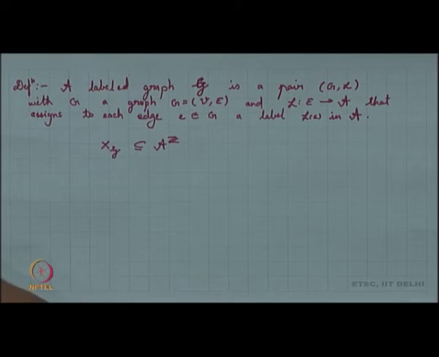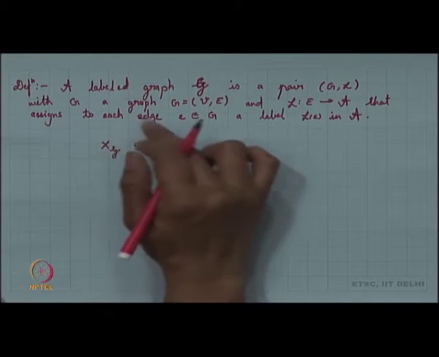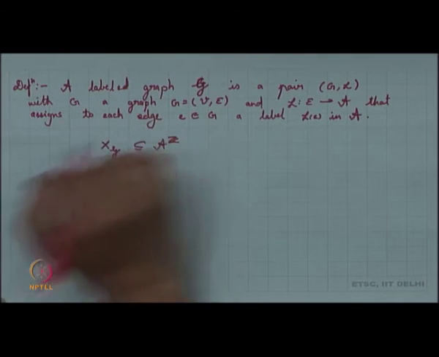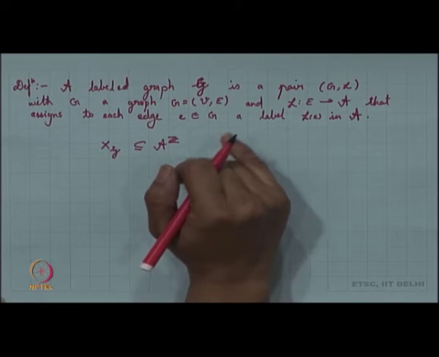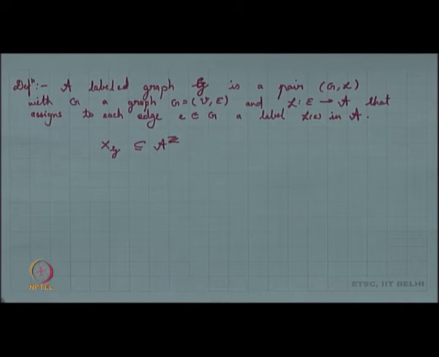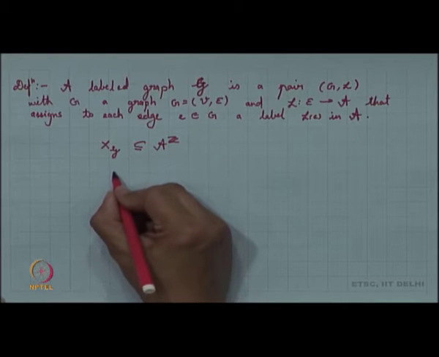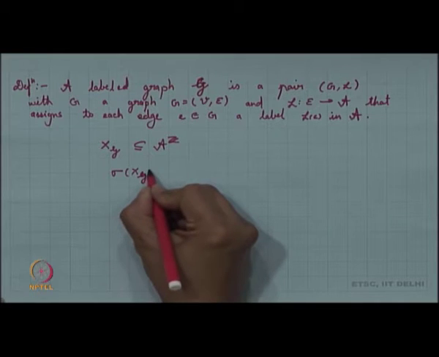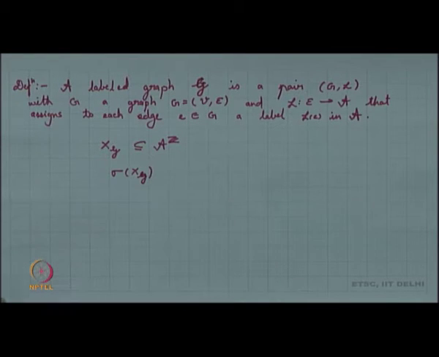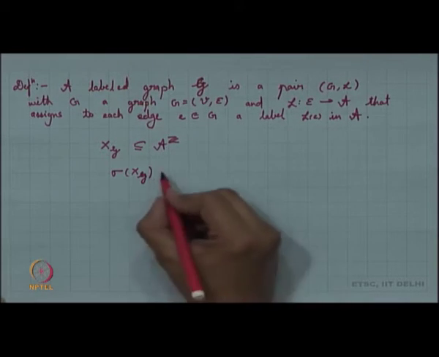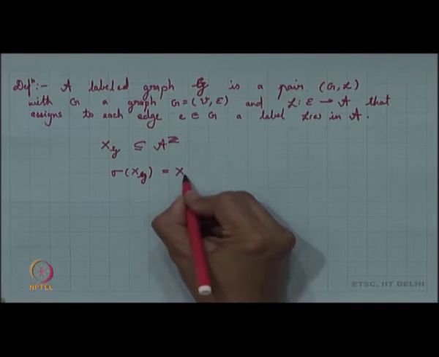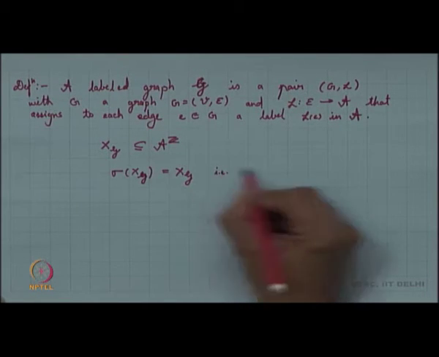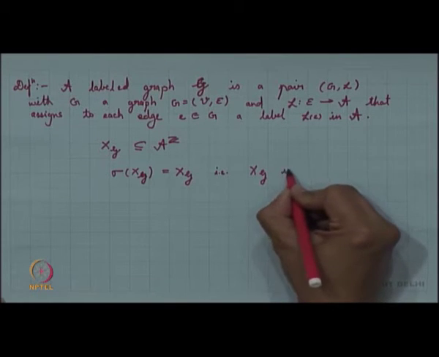So, you are generating a sequence of labels, and that sequence of labels is what you call a shift here, coming up from the labeled graph, and that is a subset of A to the power Z. Now, if I take the shift of this labeled graph, the shift that we generate here, then this is shift invariant. You see that your X_G is shift invariant.